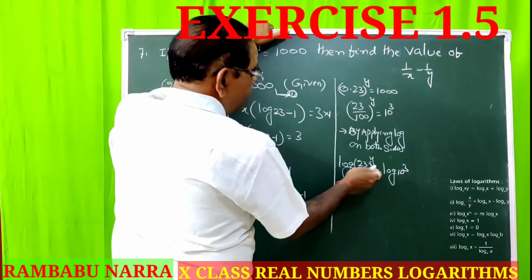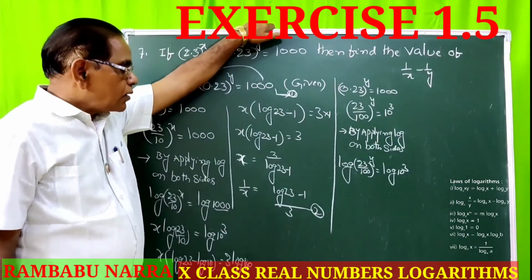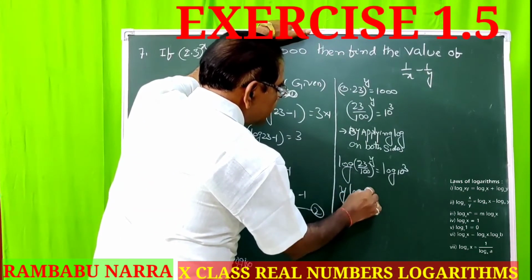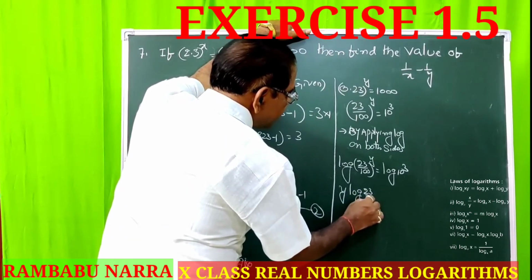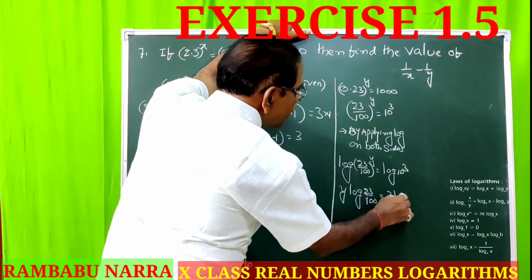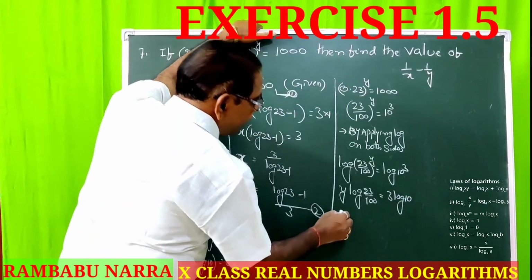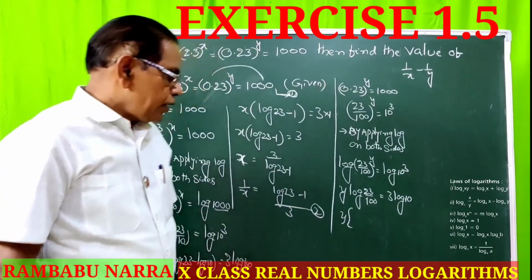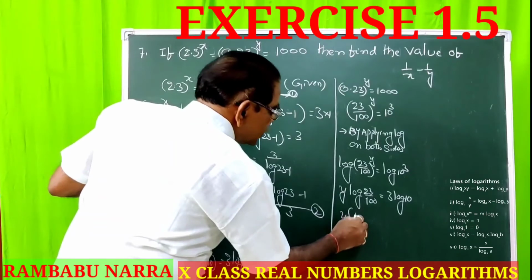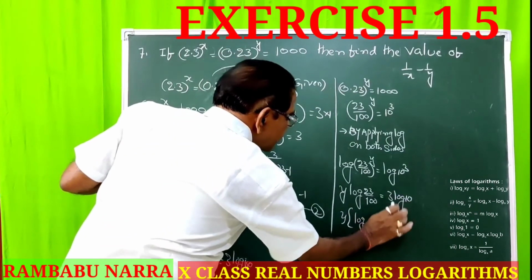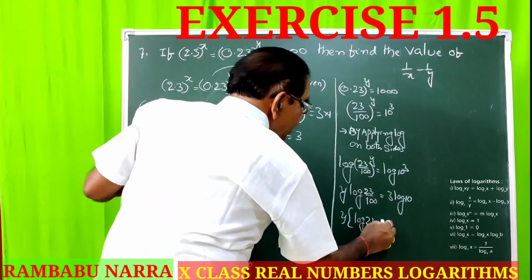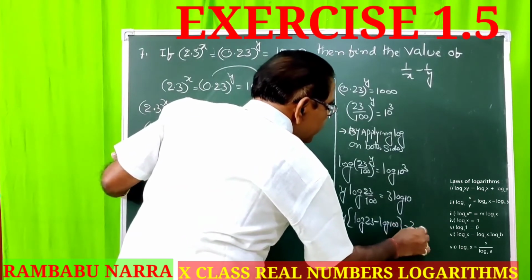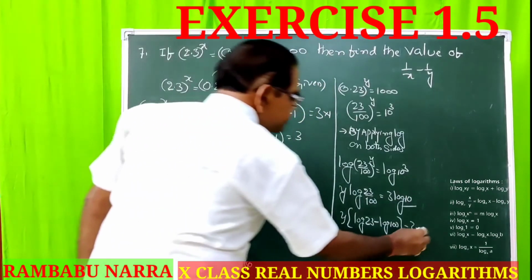Applying the logarithm formula, y into log (23 by 100) equal to 3 into log 10. Now the quotient formula, log a by b equals log a minus log b: y into (log 23 minus log 100) equal to 3 into log 10, which is nothing but 1.